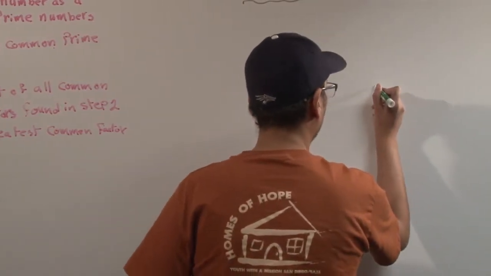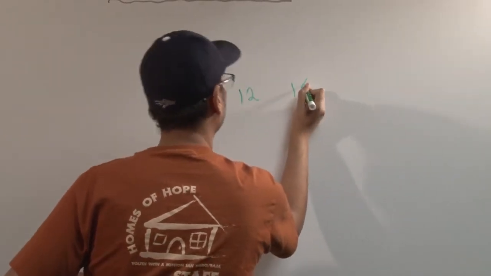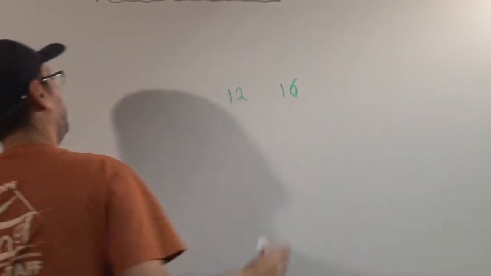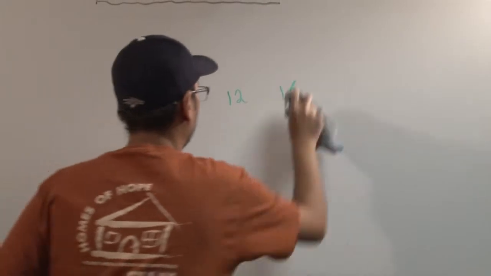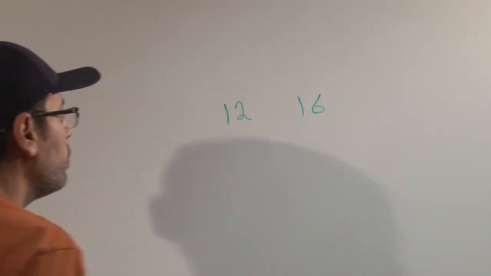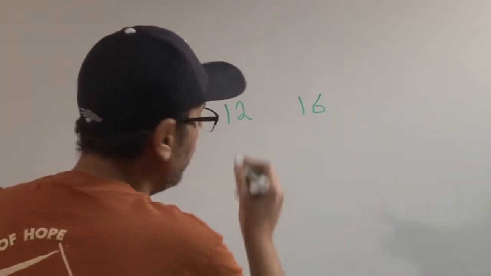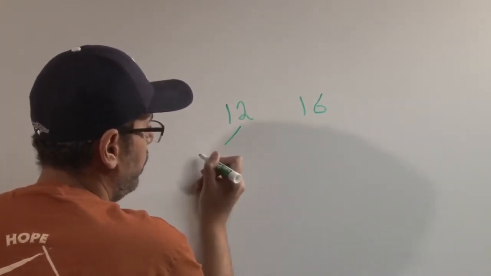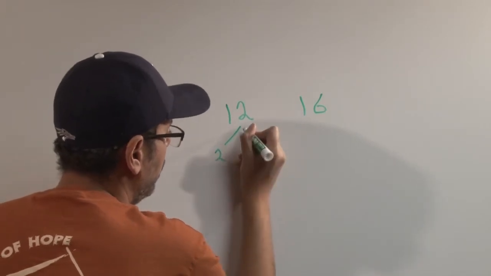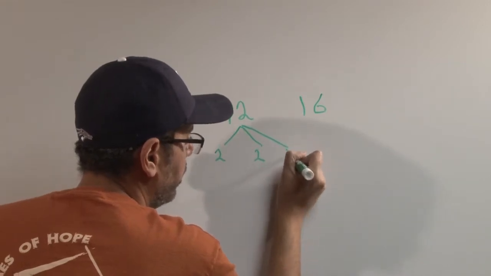Let's say 12 and 16. What's the common factor of that? What's 12? 2 times 2 times 3.